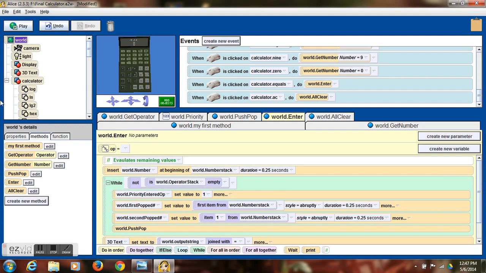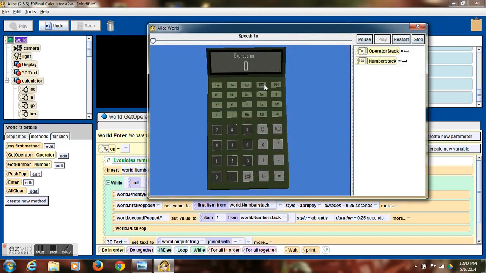And then here we're going to actually play. Okay, so this is our calculator, and here are our number and operator stacks so that you can see what's being pushed into the stacks. Okay, so I'm just going to write a random equation. 3 plus 4 times 6 to the power of 2.